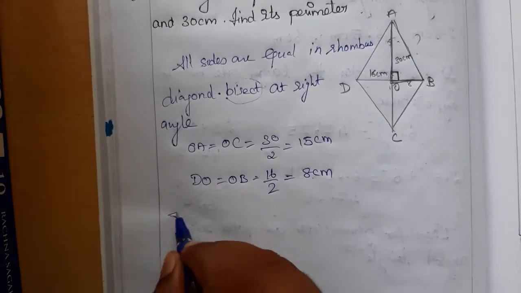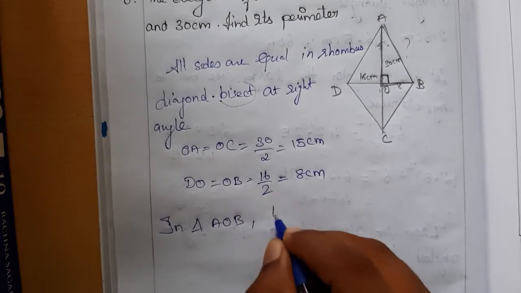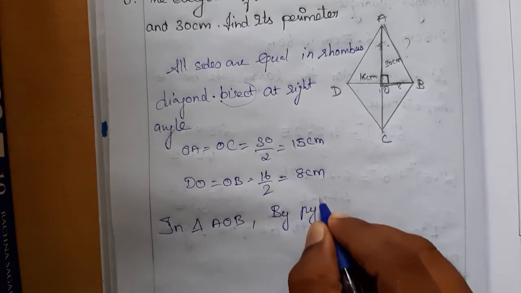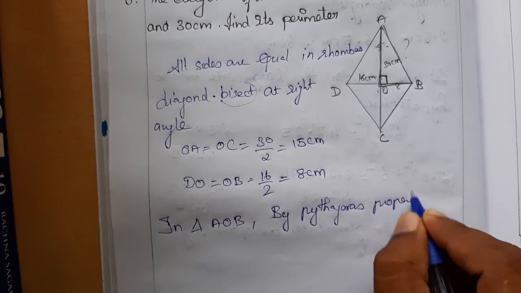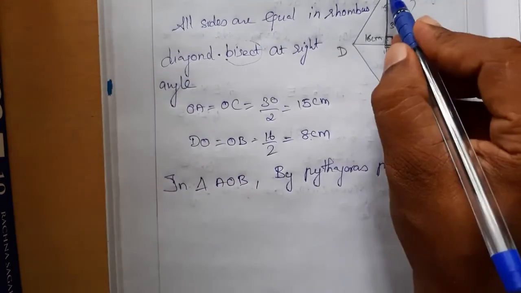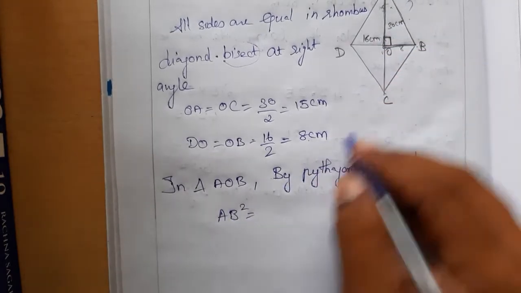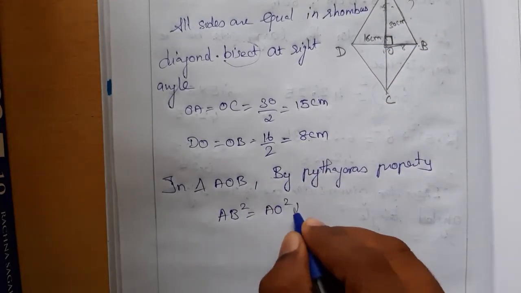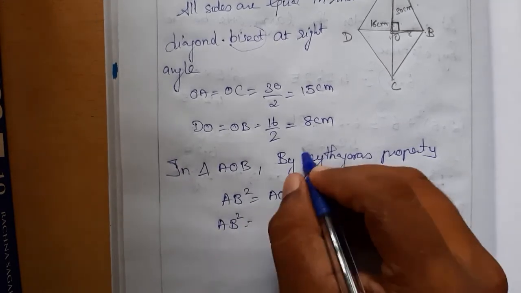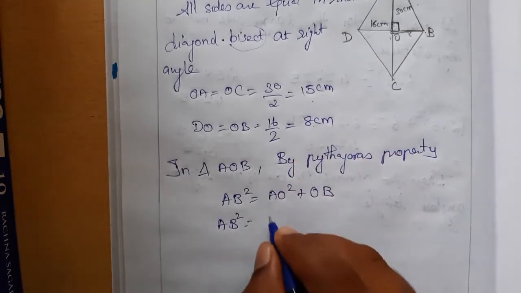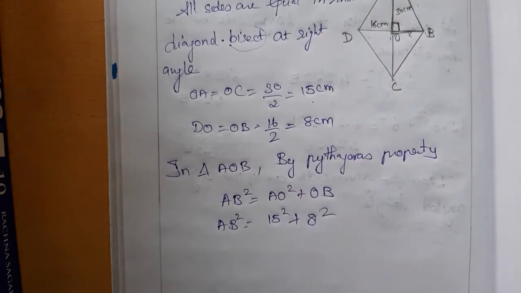So in triangle AOB, by Pythagoras property, or sometimes we call it a theorem, this is the hypotenuse side, right? So AB square is equal to AO square plus OB square. AB square we don't know, AO we know as 15 square, plus OB we know as 8 square.